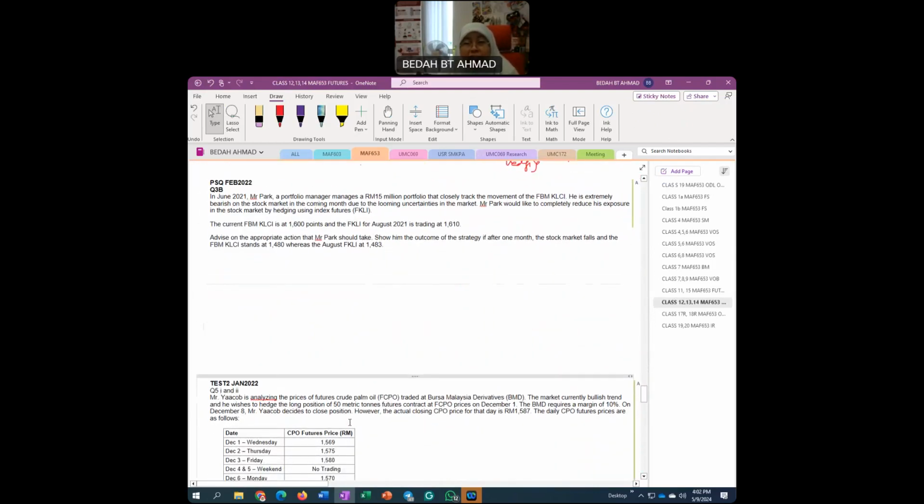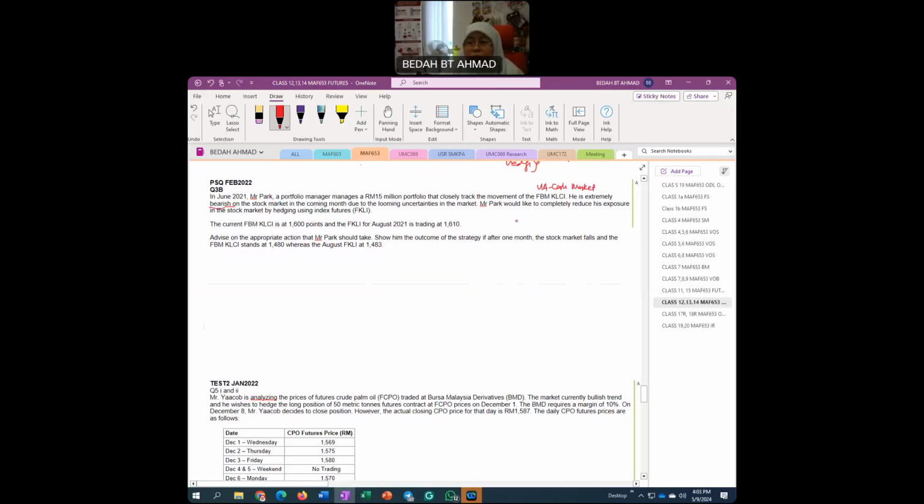In June, Mr. Park, a portfolio manager, manages a 15 million portfolio fund that closely tracks the movement of the FBMKLCI. Remember, the FBMKLCI becomes the underlying asset in the cash market. He is extremely bearish, expecting a drop in the stock market in the coming months.